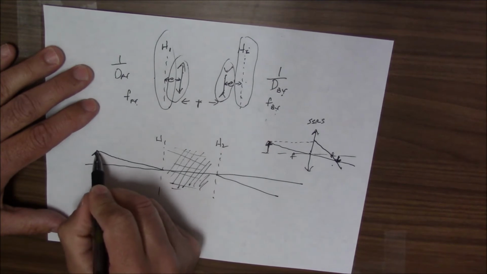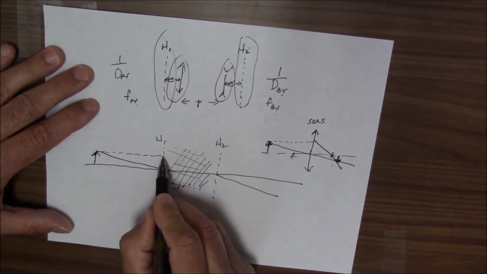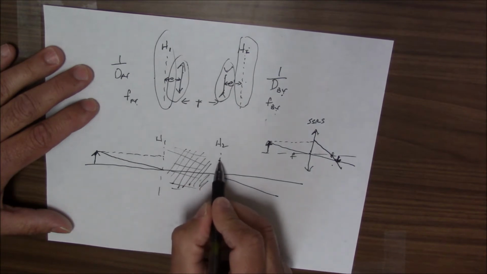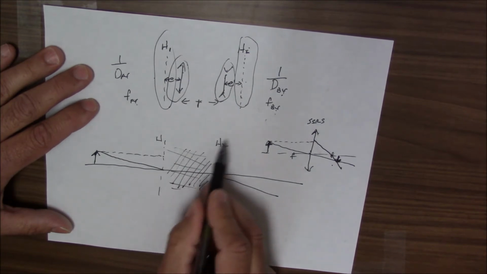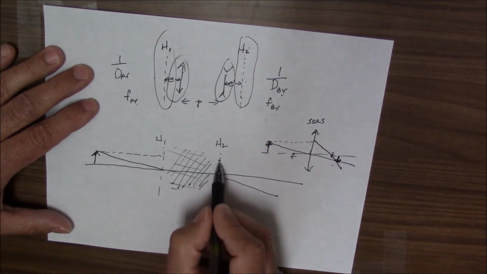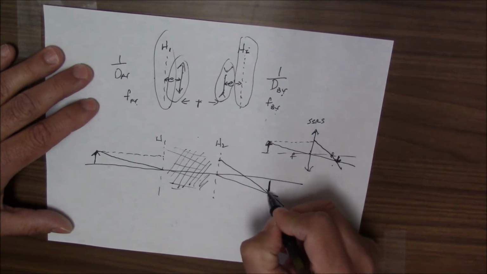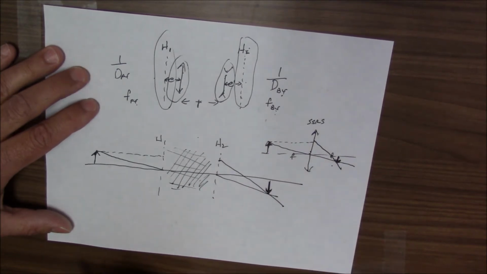And then once again, I'm going to have that parallel light entering the system, okay? It just goes boom from here to here. Nothing happens inside. And then once again, if we're saying that this is a plus lens, then this is also going to be a plus lens. And then what I have is a converging ray here, and then I have my real image that's formed over here.